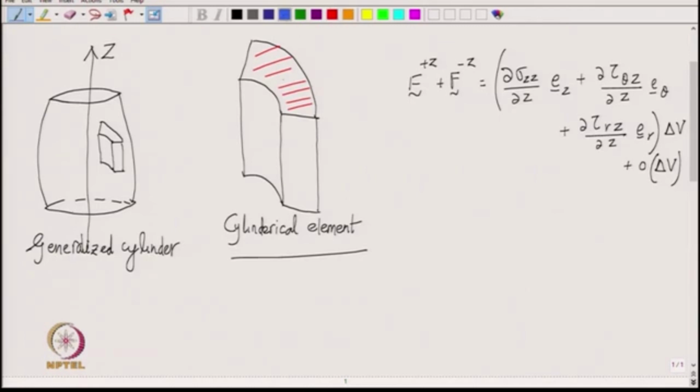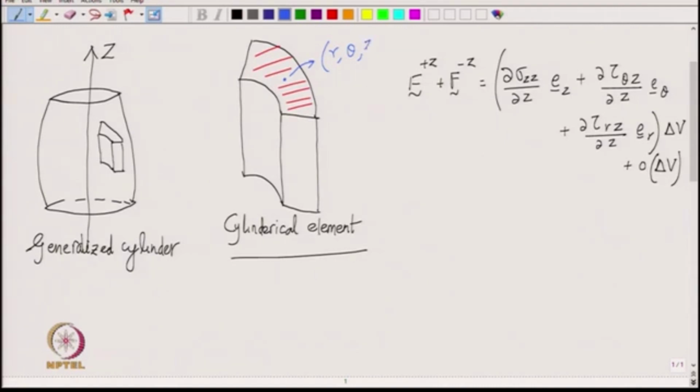So, at the center, that is the center, and what is the coordinate here? Its radial coordinate is small r, the theta coordinate is theta, but the z coordinate is z plus delta z by 2, is not it, because r theta z is at the center of the cylindrical element and the top surface is at plus delta z by 2 up, is not it.